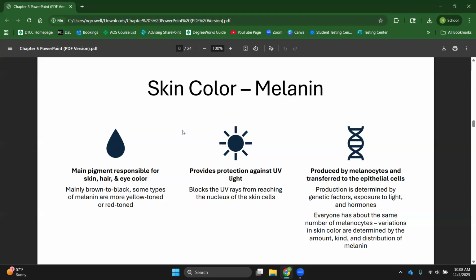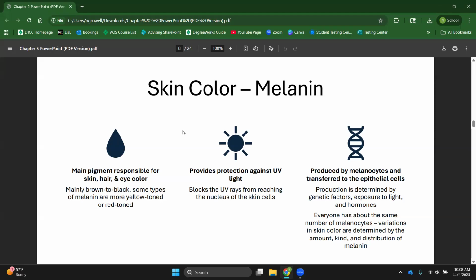Part of the reason we have melanin is that it provides protection against UV light. So you may say, if you remember from our vitamin D function, hey, wait, I thought we needed UV light to activate vitamin D. Yes, we do. We need some UV light, but there's some harmful rays, or if we get too much UV ray exposure, that can actually damage our nucleus and our DNA, and that can cause a big problem when it comes to cell division.